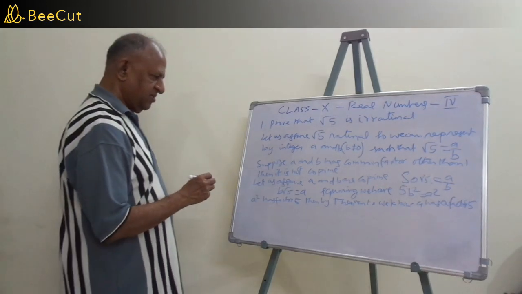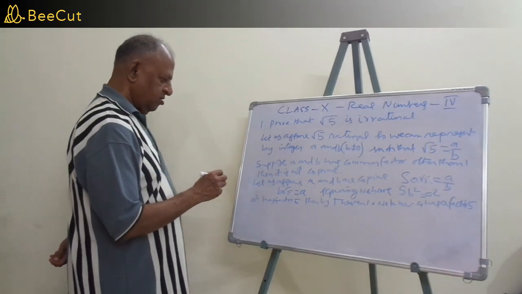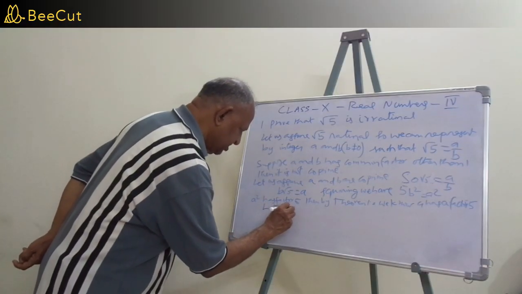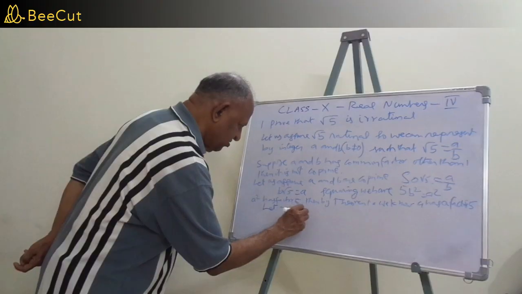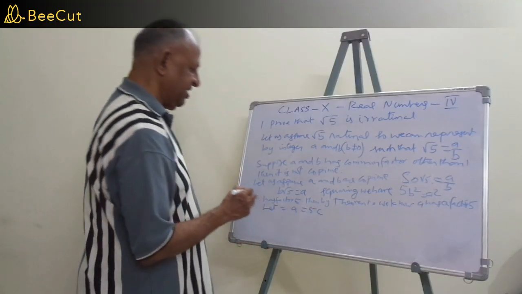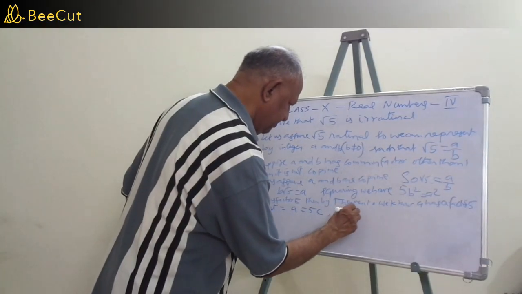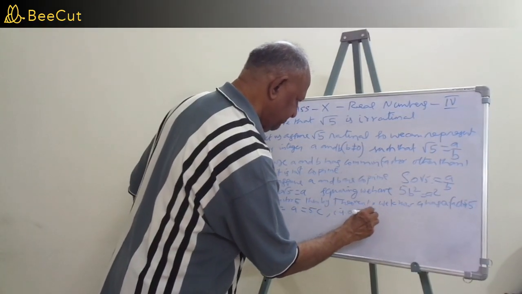Now let us assume a has a factor 5. So let a is equal to 5c, where c is any integer.